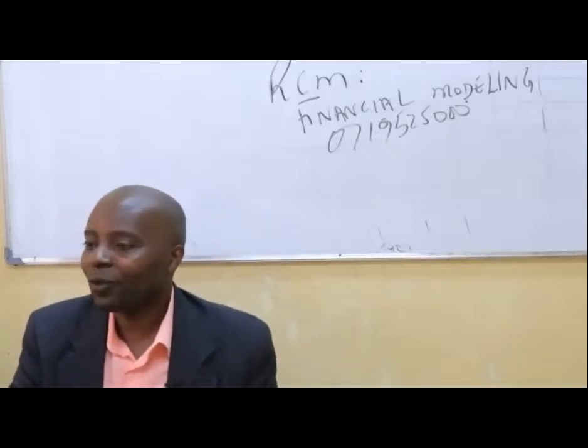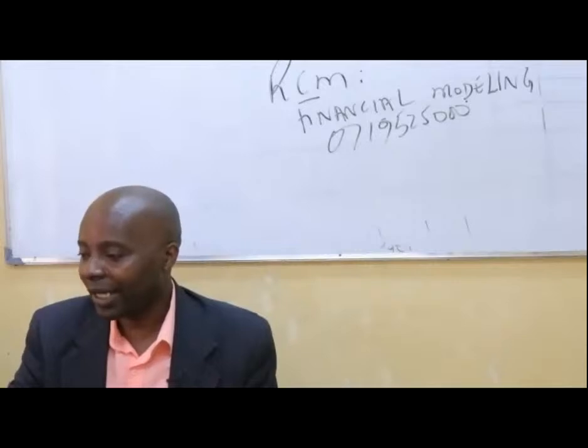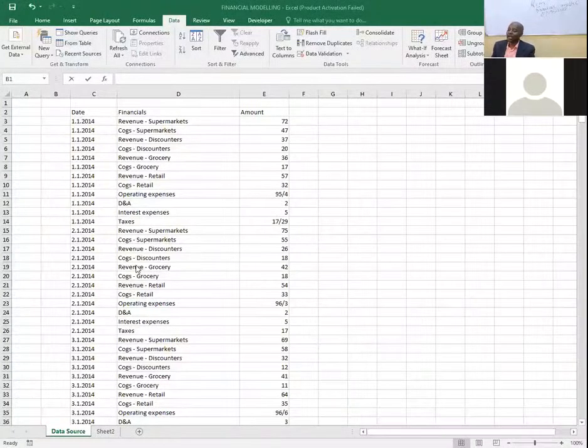Now, as I wait for the students to get the document, ladies and gentlemen, I'll get started. What I have here is a supermarket, which is getting business from many outlets by doing many things. They have hired a data entry clerk, which is what very many businesses nowadays are doing.